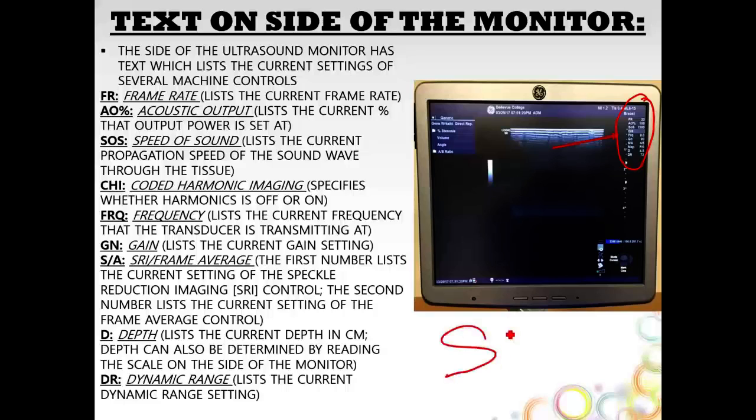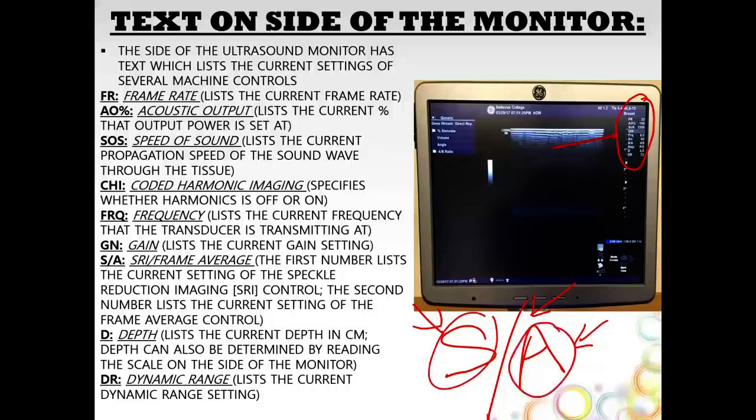S/A. Whenever you have a control that has a slash in the middle of it, this means that each side of the control represents a different ultrasound machine control. So in this case, S is the SRI control, and A is the frame average control. So when we adjust the SRI control, this number on this side of the slash is going to change.